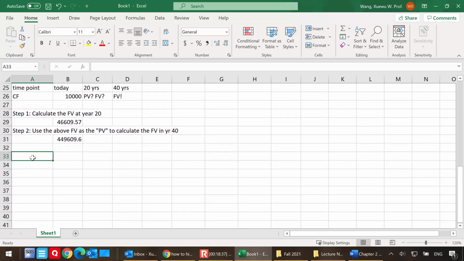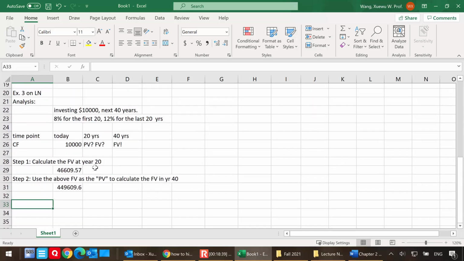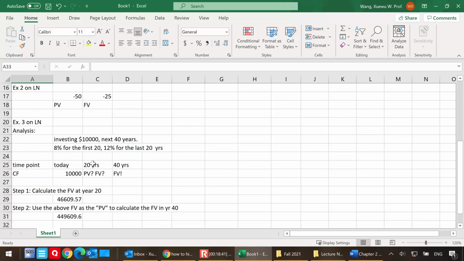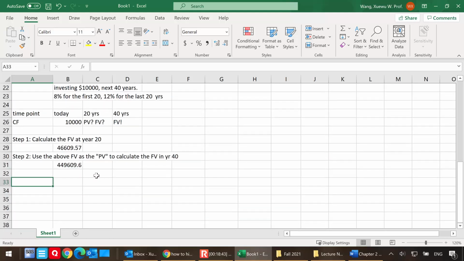All right, so now let me talk about cash flows. Well, I should just actually say the interest rate. The interest rate is denoted by R. Sometimes it's denoted by I. You have seen this kind of notation all the time.